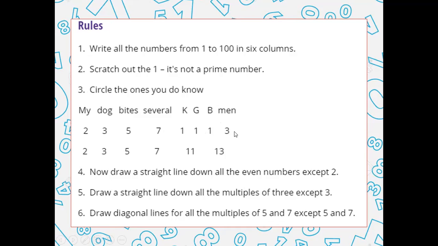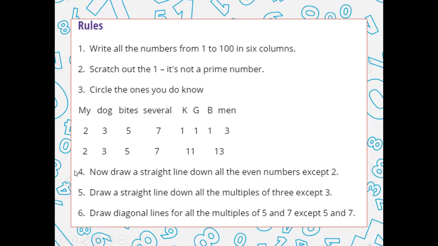And then the next two numbers, 1 and 3, let's put them together, so that would be 13. So from this acronym, my dog bites several KGB men, we get 2, 3, 5, 7, 11, and 13. These numbers are all prime numbers. We can only divide them by 1 and the number itself.